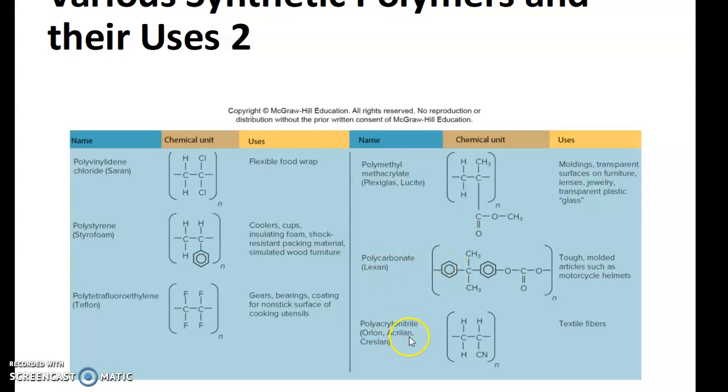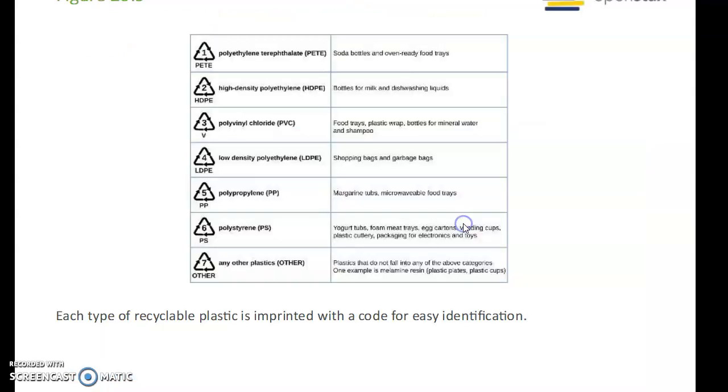And polyacrylonitrile, this is your Orlon, Acrylan, textile and fibers are made out of this. This is a very, very tough material, such as motorcycle helmets. This one right here is the transparent plastic glass that they have for this one. Also, you'll notice that if you look closely on different plastics, if it's made primarily of one material, the number will tell you what type it is.